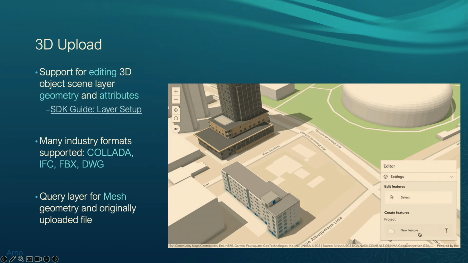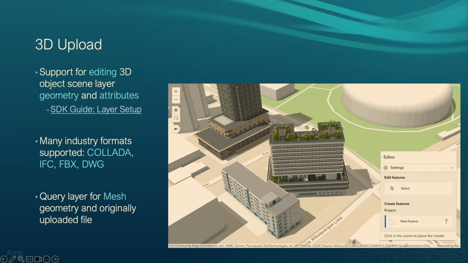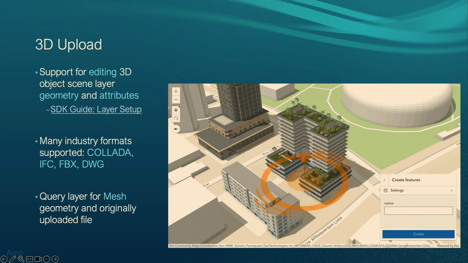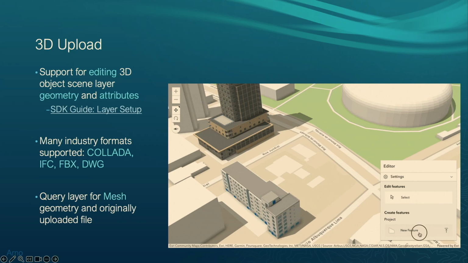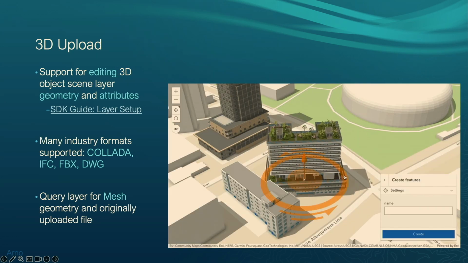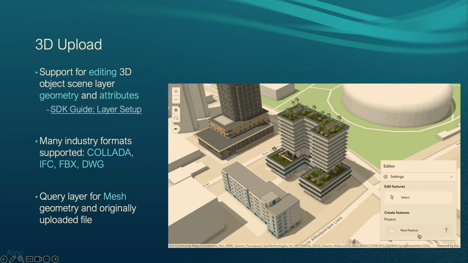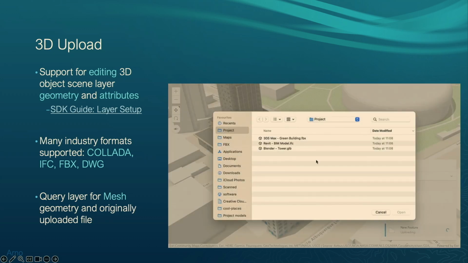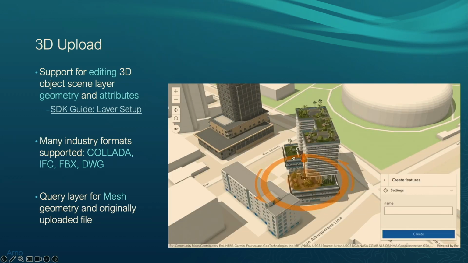But it really allows you to bring in your own 3D models, upload them to a scene layer, and various formats automatically get converted on the server side, whether it's Collada, some of the Autodesk formats, or the IFC that is used across BIM. Snapping also works if you want to position your model precisely. We saw that in the plenary.